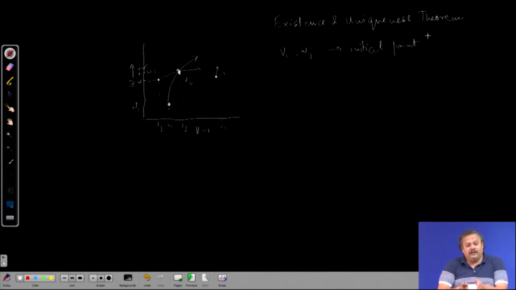That is, the system will be going in two different directions at that point, which violates the existence and uniqueness theorem. So, the conclusion is that trajectories do not intersect each other.